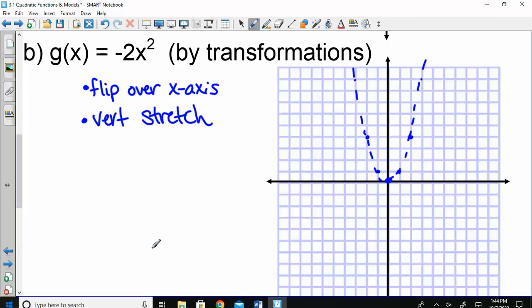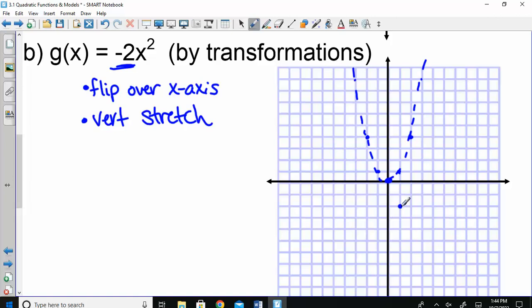Some of you like to write out the ordered pairs. And we talked about how since this -2 is on the outside, it's really just like multiplying your y times -2. So if I take 0, 0, its y value is 0 times -2, which is still 0. Okay, 1, 1. So my y is 1. 1 times -2 is -2.